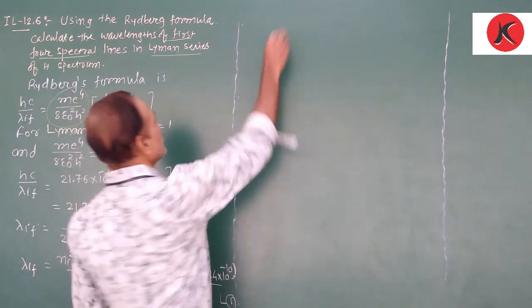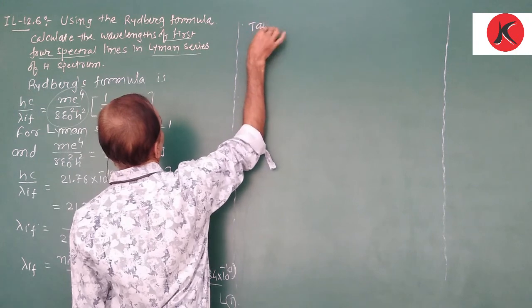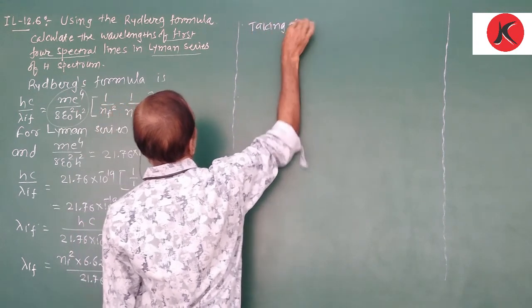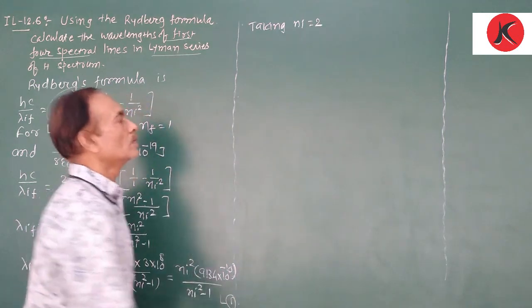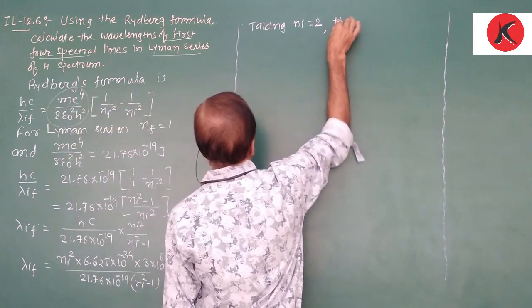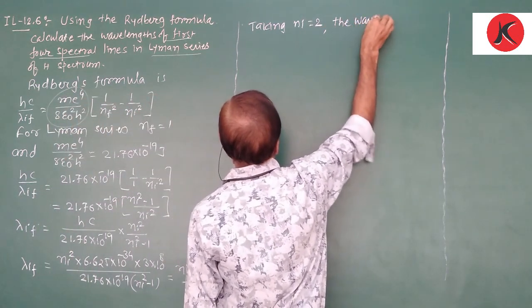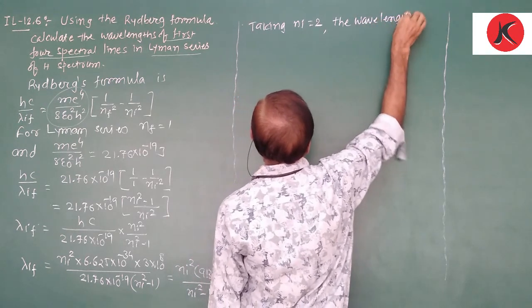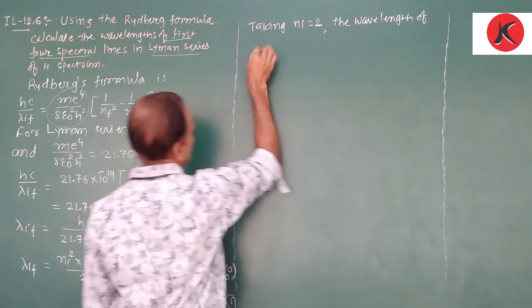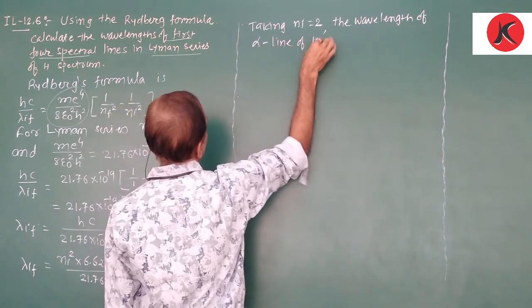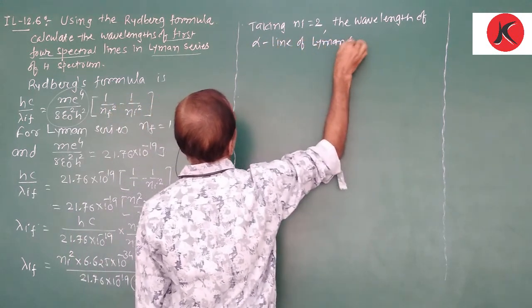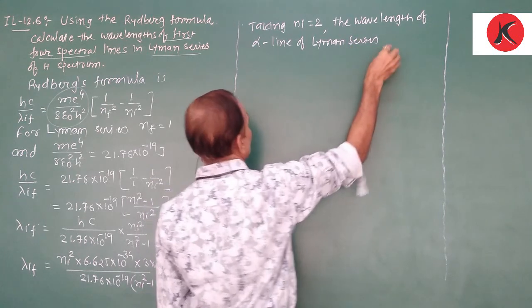Therefore, taking Ni is equal to 2, the wavelength of the alpha line of the Lyman series is obtained.